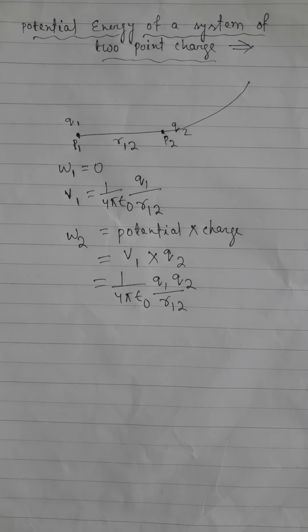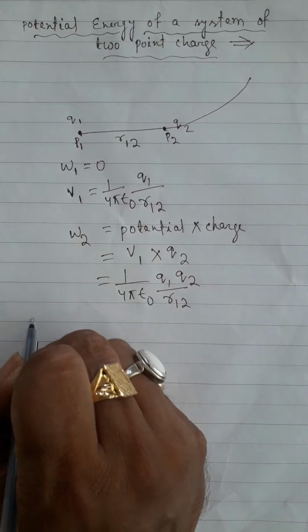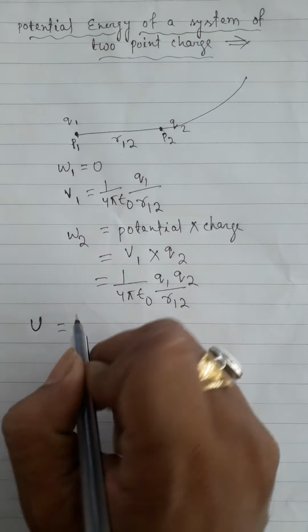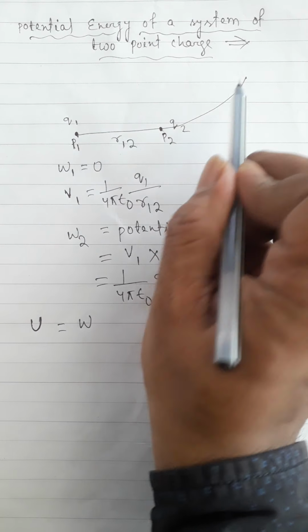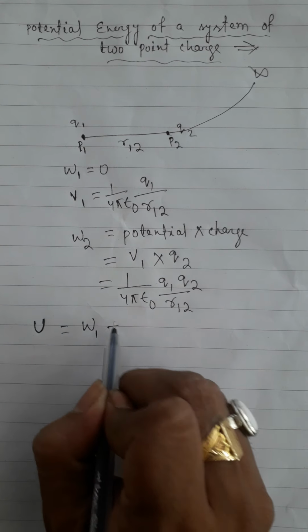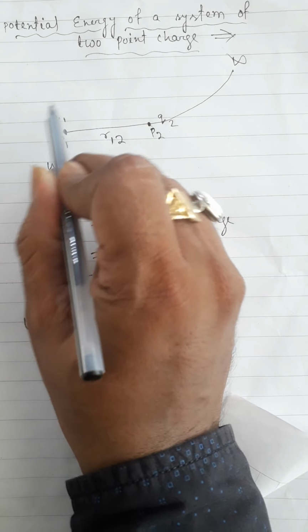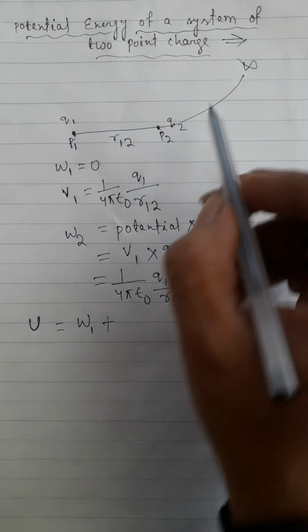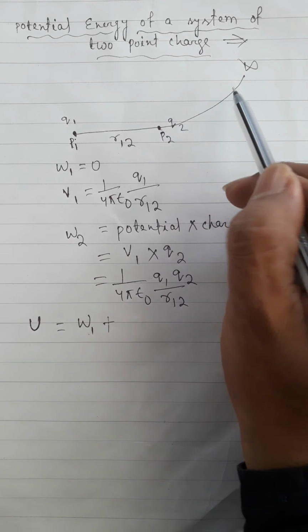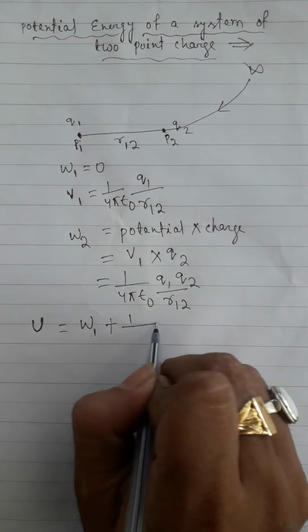So the total work done is stored as the potential energy U of the system. U will be the work done in bringing the charge q1 from infinity, which is 0, because there is no other charge present here to repel, plus the work done when we bring the charge q2 from infinity, which is 1 by 4 pi epsilon r, q1 q2 by r12.